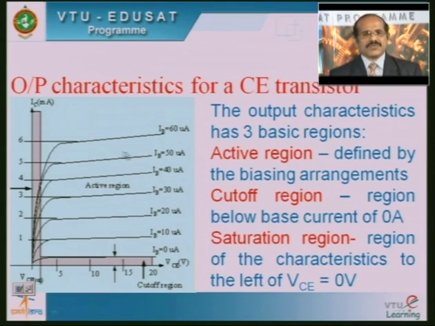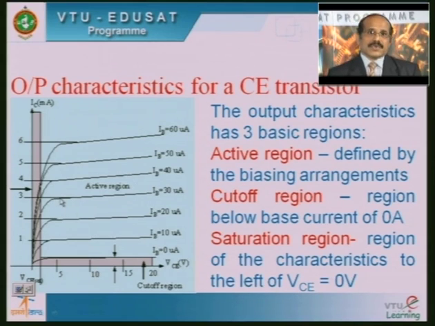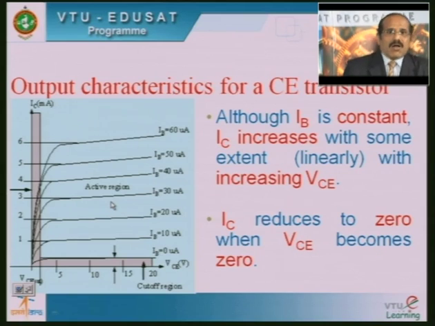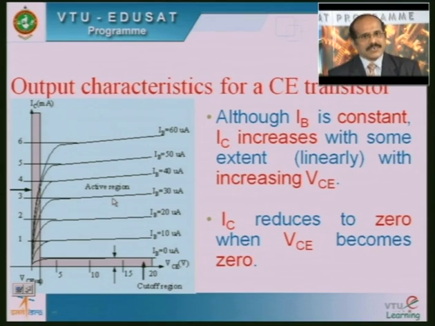Here also please note that the curves are almost linear in nature. Another point is that, compared to the common base transistor, the curves in the active region have a slope. The slope is more pronounced in the output characteristics of the CE transistor compared to that of the CB configuration.